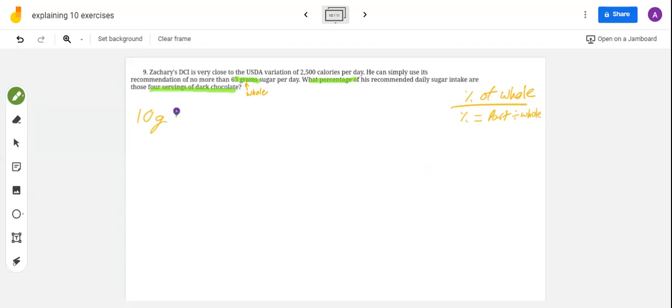We're going to times that by 4, and that's going to give us 40 grams of sugar. Now this is going to be our part.